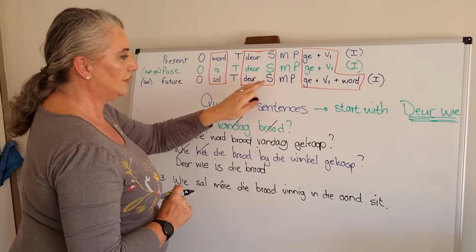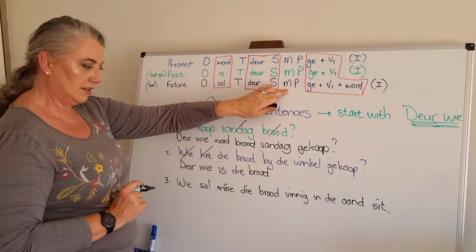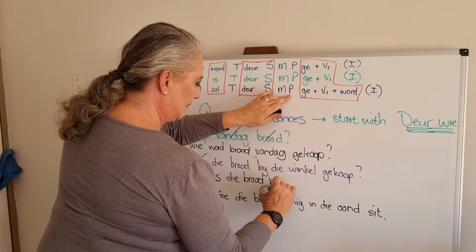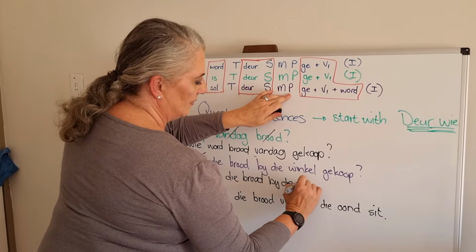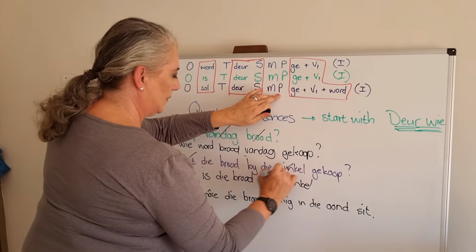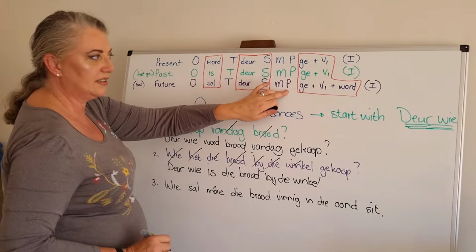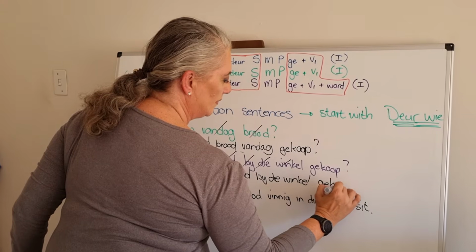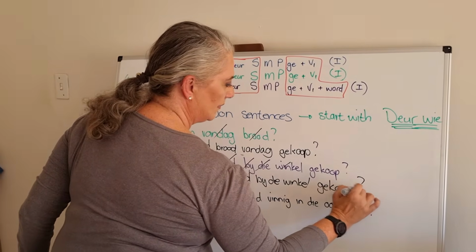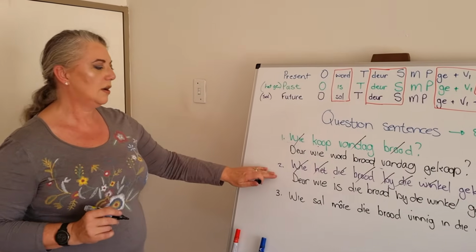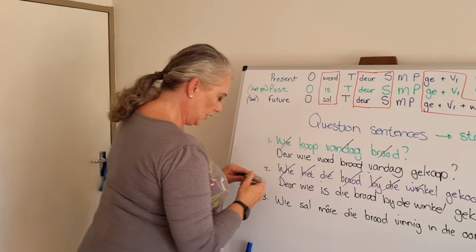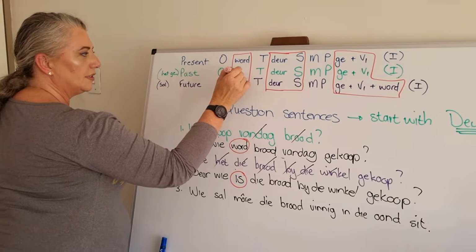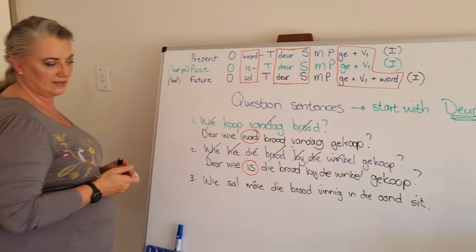No. We've got the subject. Is there a manner? No. Place. By die winkel. By die winkel. The brood is done. What is left? Gekoop. That is in the past tense. So what is very noticeable, can you see here, is word, past tense, present tense.